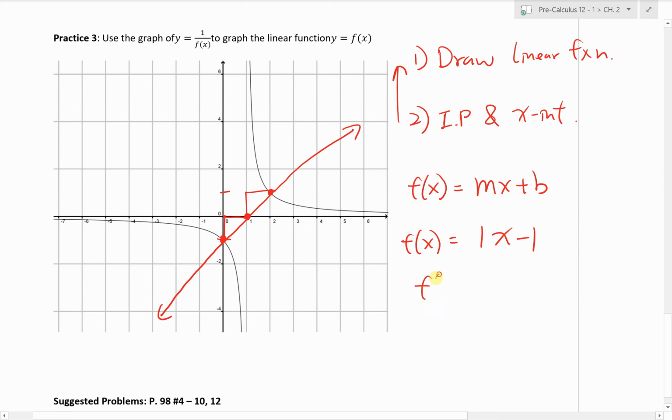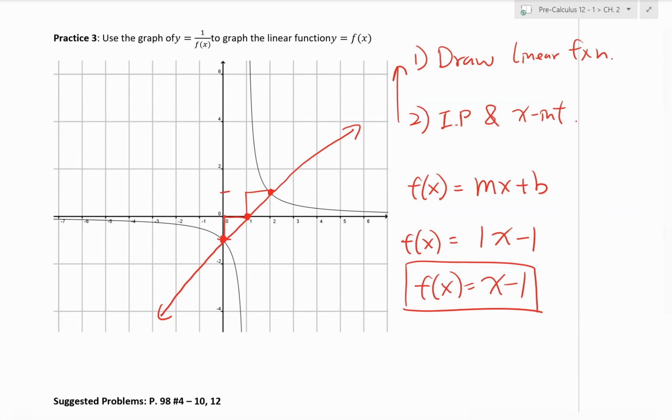So 1x minus 1, or f of x is simply x minus 1. This was not asked by the question, but you can see it's quite easy to get once we have the line drawn.